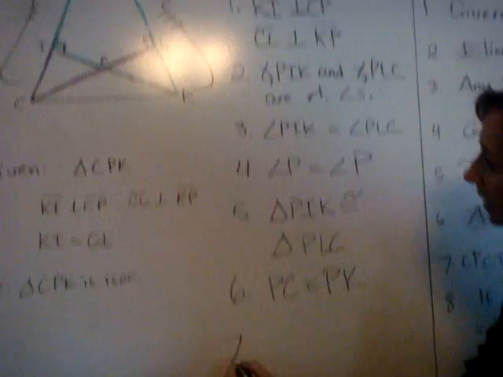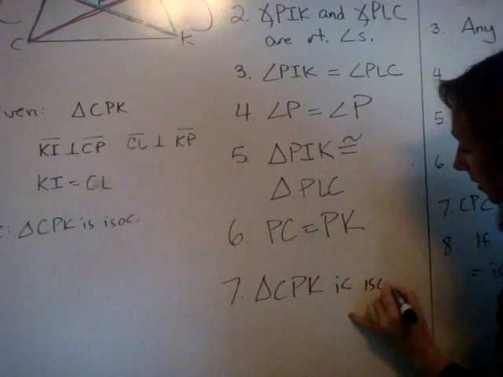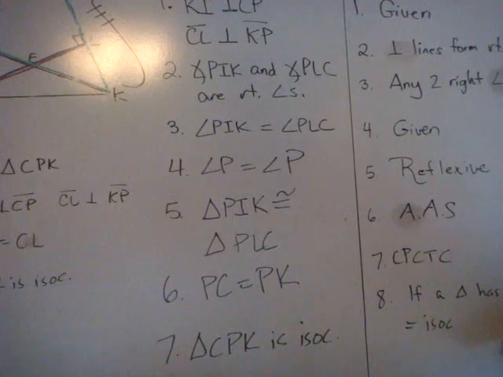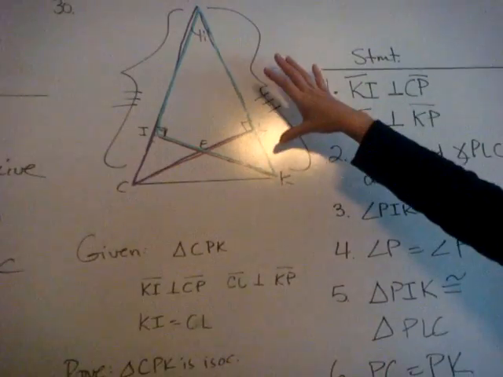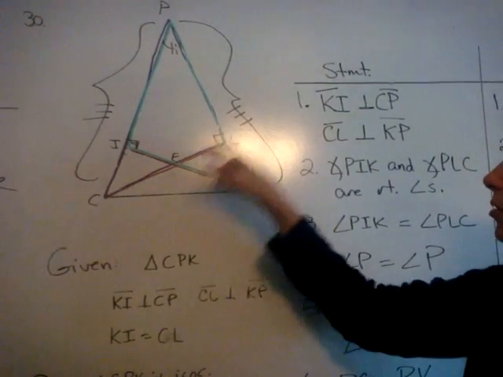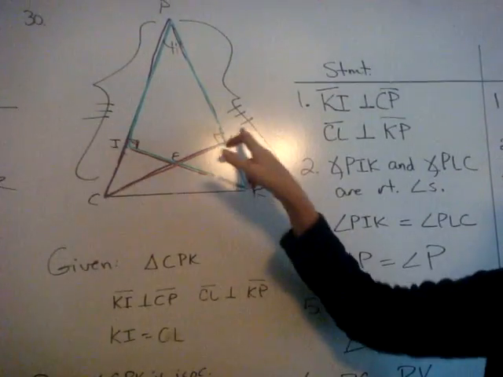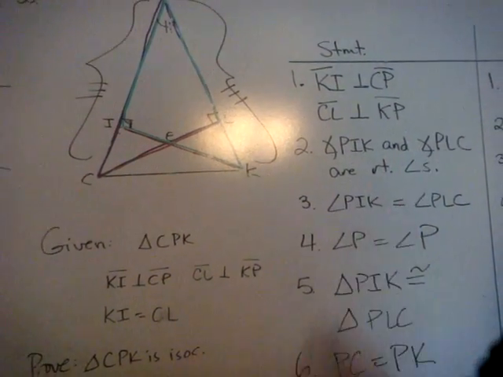So we can say the triangle CPK is isosceles because if a triangle has two equal sides, then it's isosceles. So hopefully you got that without me separating the triangles out, but we basically did the green triangle congruent to the purple triangle by angle side. Angle side. That's it for that lesson.